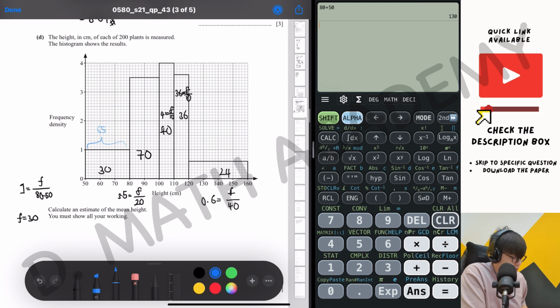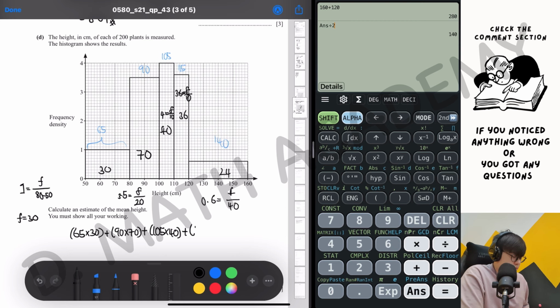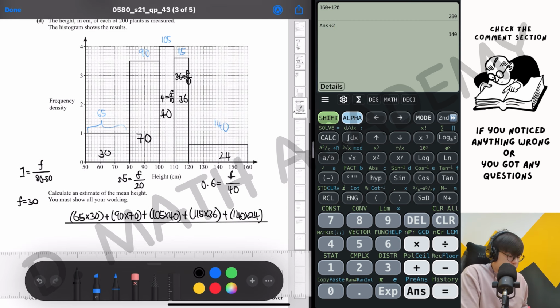The next groups will be 90, 105, 115, as well as 140. So multiply them accordingly, then divide it by 200 and you will get your final answer. So let's key in our calculator and check the results.